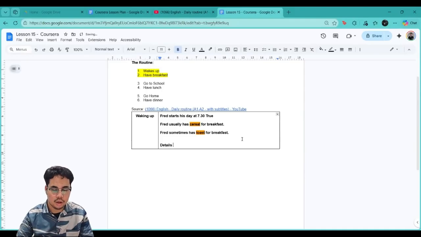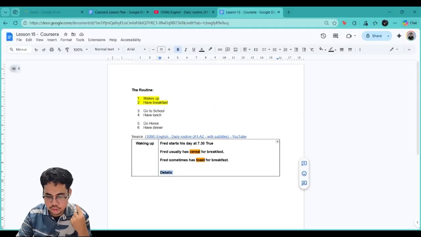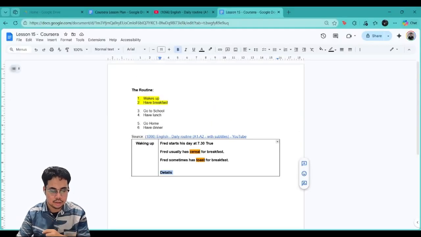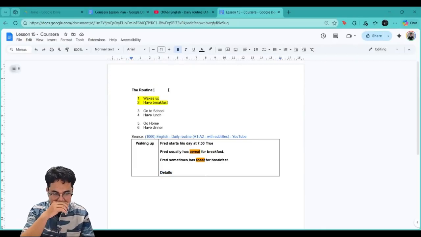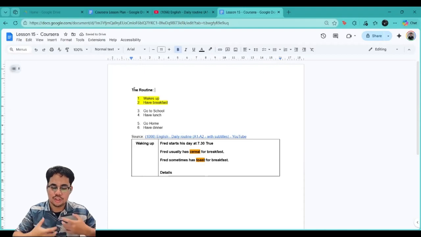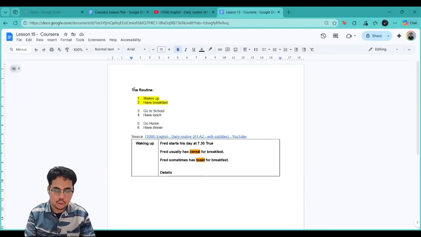Remember that in the beginning of this session, I told you that there are two types of listening, okay? One is listening for general information, and the other is listening by looking for details. This is when we find the routine in general, when we find the general flow of the audio, that is the general listening, okay? We also call it the top-down listening, okay?